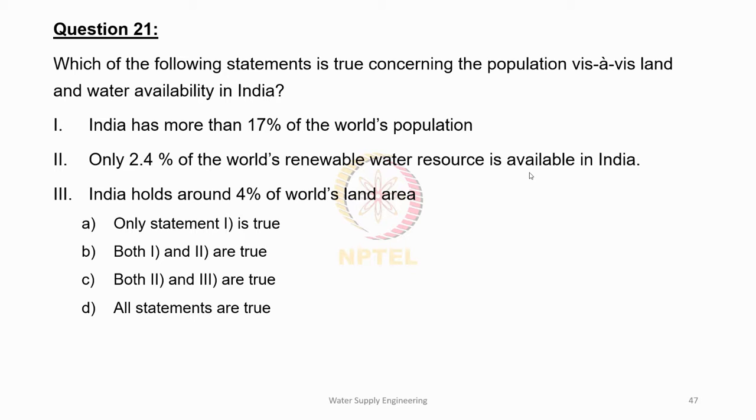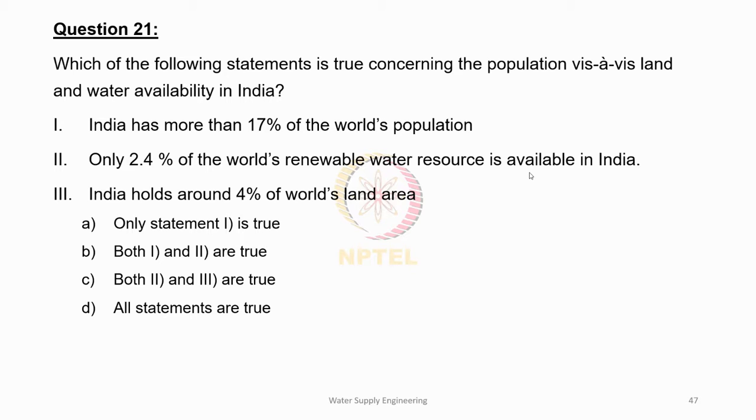Statement 3: India holds around 4% of the world's land area. Which of these statements are true? Option A: only statement 1 is true. Option B: both 1 and 2 are true. Option C: both 2 and 3 are true. Option D: all statements are true.